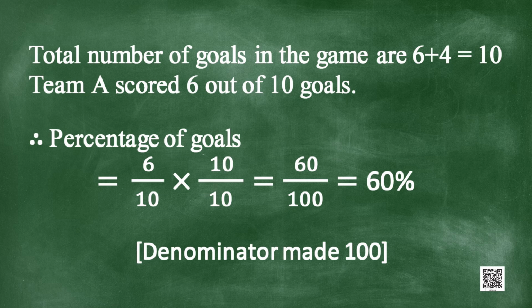So percentage of goals is 6/10 multiplied with 10/10, which is equal to 60/100, that is nothing but 60%. So make a note that here we made the denominator 100 by multiplying with 10 in both numerator and denominator. Students, we can make the denominator 100 by multiplying numerator and denominator by a relevant number.